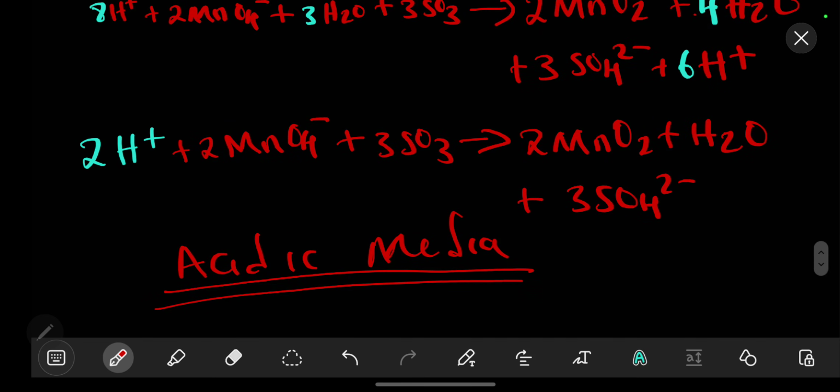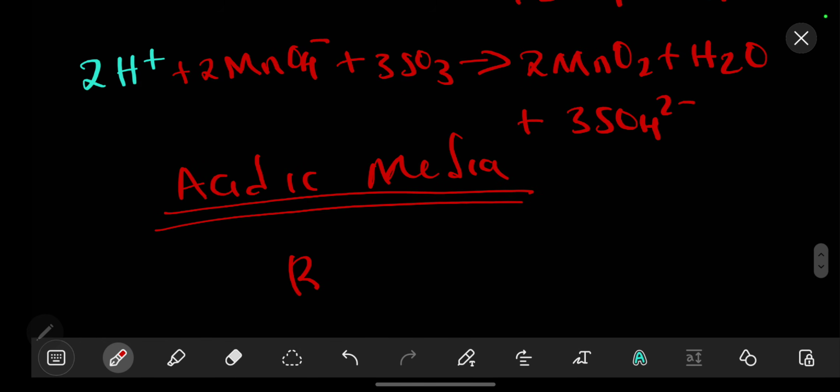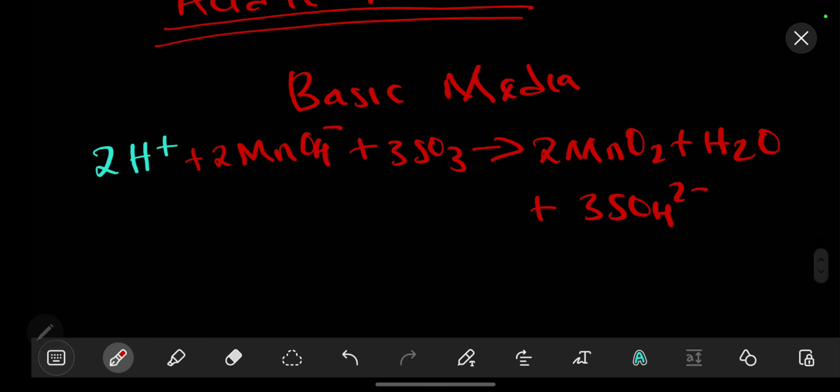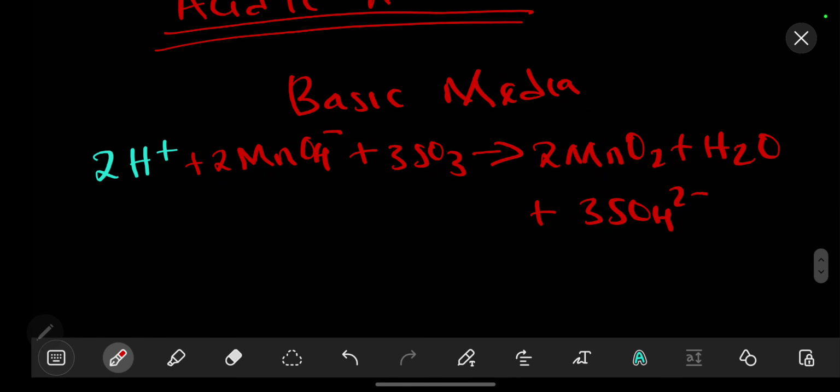To do our basic media, on the other hand, we are going to just add hydroxides.